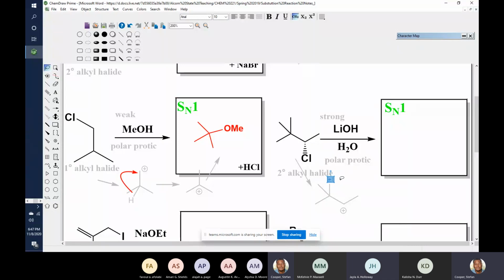When you were at the carbon with the 3 lines, why is there not a hydride? I thought it's 1 hydrogen. No, okay, it's 4 lines. Okay. Never mind. I got it. So there's no hydrogen, but now there's a methyl that could shift. So let's go ahead and do a methyl shift here.